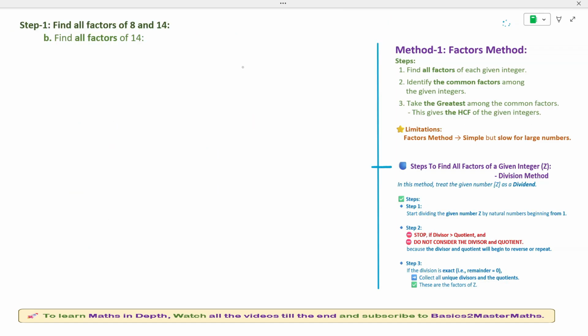Again, let us follow the same steps to find all factors of 14. Step 1. Start dividing 14 by the natural numbers beginning from 1.